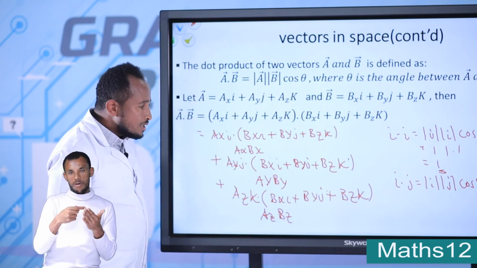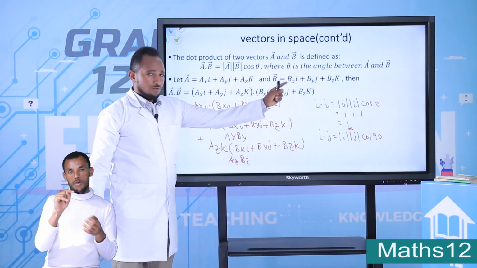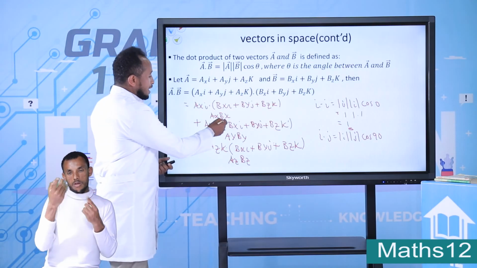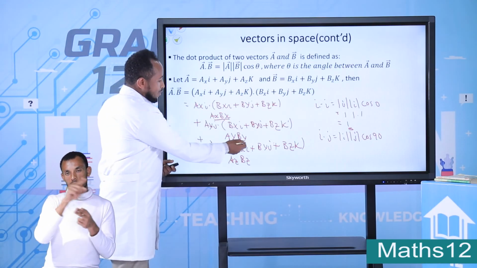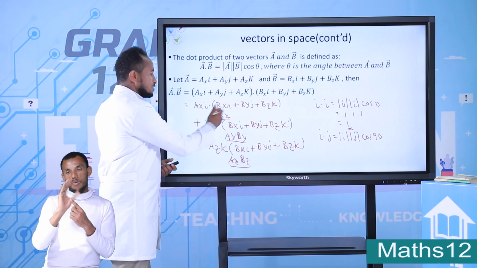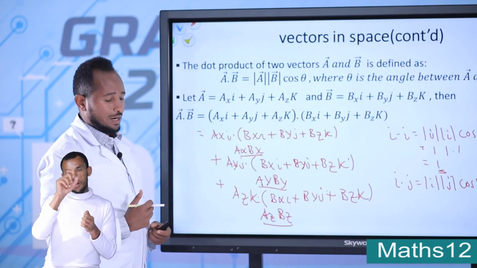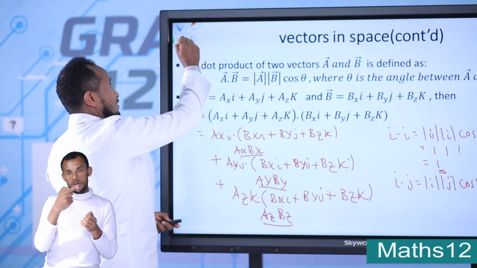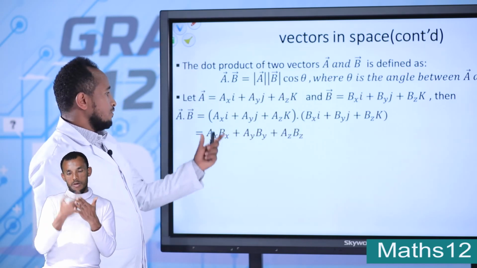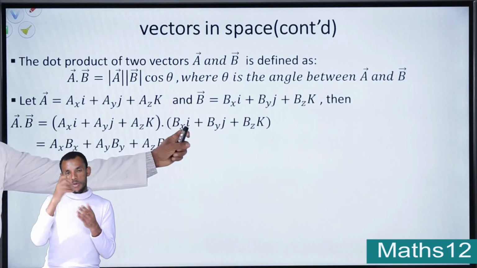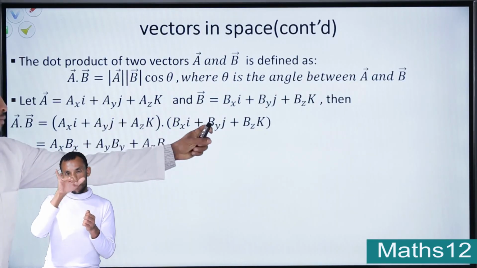Therefore, if the components of two vectors are given, their dot product is easily evaluated by multiplying their corresponding components, Ax with Bx, Ay with By, Az with Bz, and then adding these results. So the formula of the dot product of the two will be Ax Bx plus Ay By plus Az Bz.